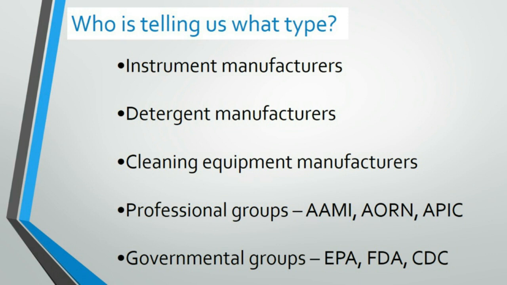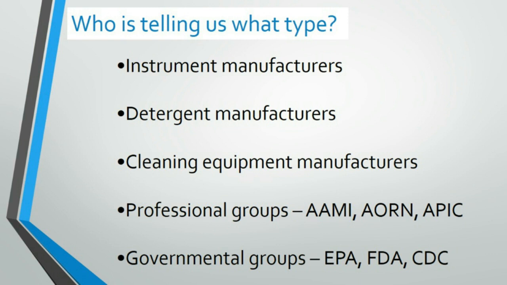So who is telling us what type of water to use? Absolutely instrument manufacturers, especially for that all-important final rinse. Detergent manufacturers, for sure. They know how their products work. Cleaning equipment manufacturers. All three of those work together: our instruments, which are exposed to detergent many times in our cleaning equipment.